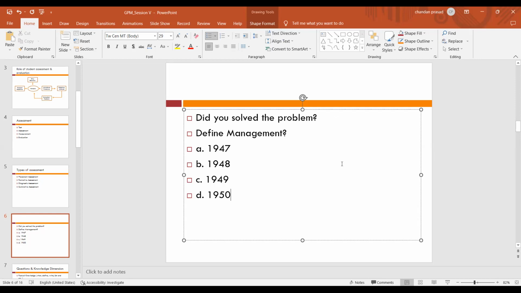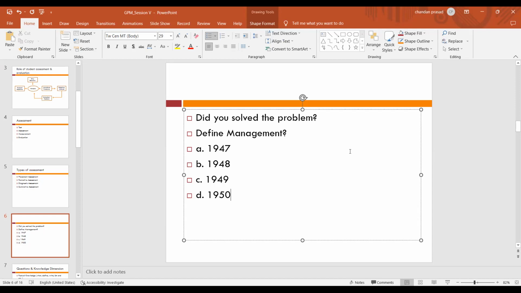Most of the question papers, if you observe, sometimes we use objective type, sometimes short answer type, sometimes long answer type. But when you are constructing MCQs, there are many rules and procedures that we need to follow.